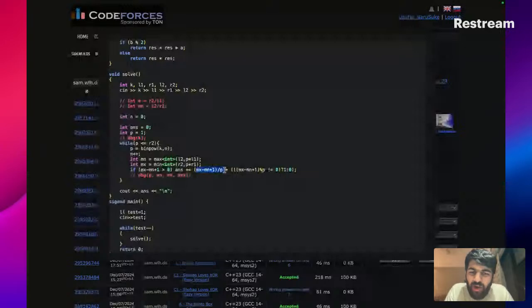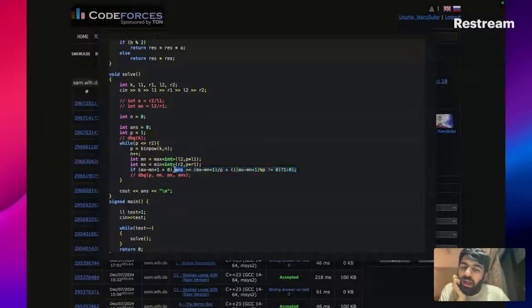Okay, mx minus mn plus 1 by p. So you are flooring it and then checking. Okay, you are taking ceil only, and you are sealing it with P.